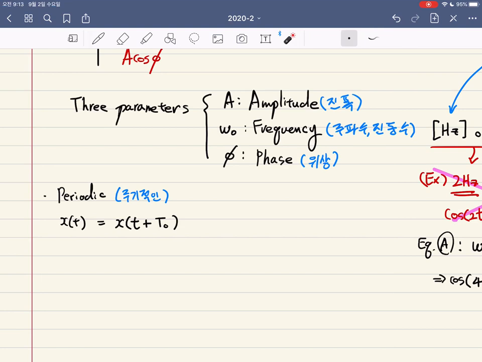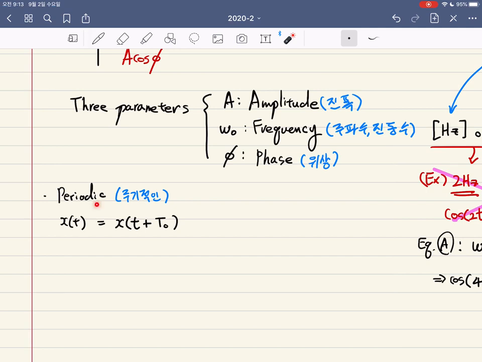So if you shift the time axis by some amount, then the signal repeats itself, which means it has the same value of the signal.